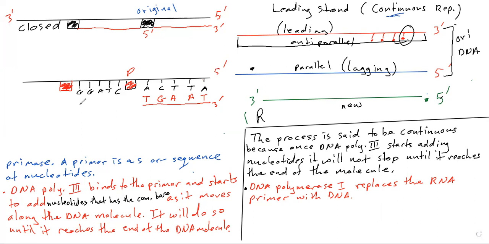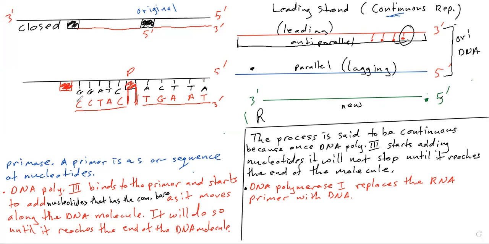Where it's G, it will put C, C, T, A, G. Right? Nothing will come here because that is where your primer is. And so this portion of the DNA has been made again.